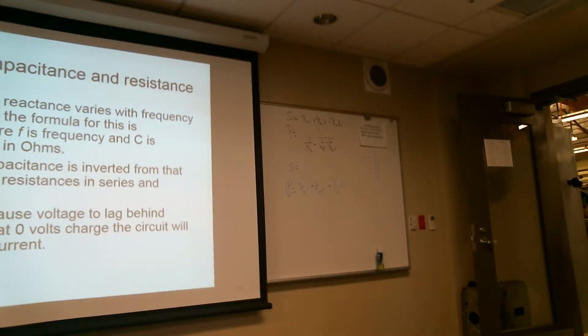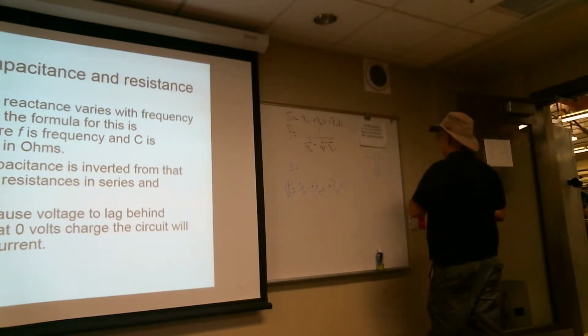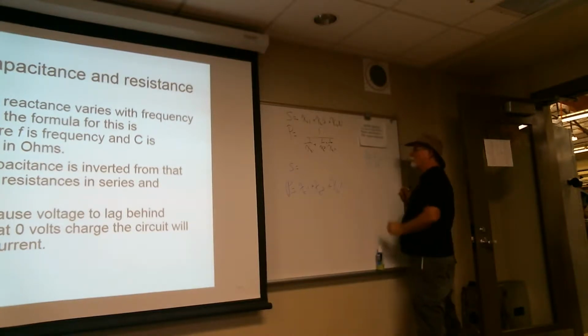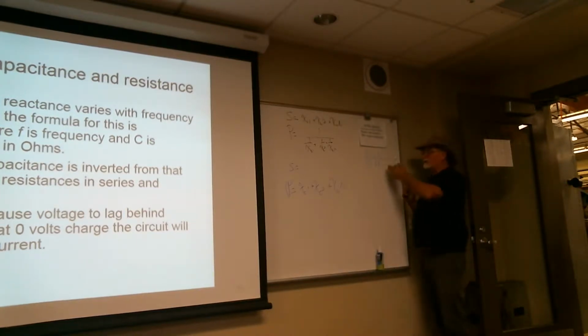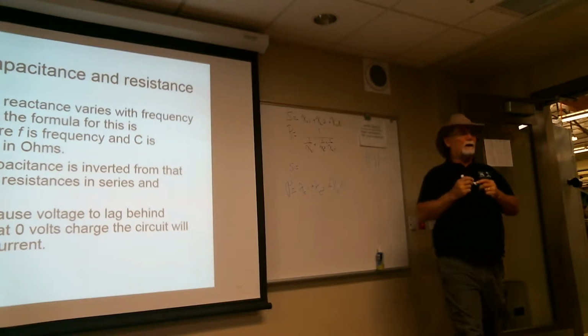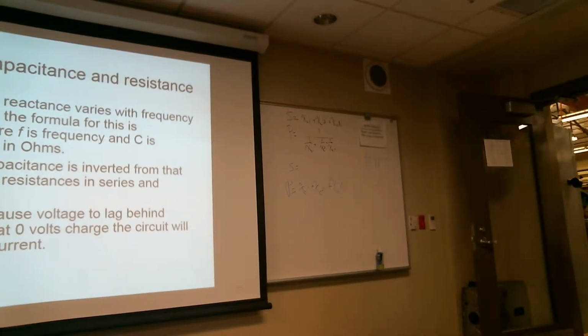Whereas when I put them together in series, I can just put another capacitor right there. What I'm really doing is increasing the dielectric. Okay? So what's going to happen is my total impedance to DC is going to go up, but to AC, the more dielectric I've got, the more it likes the higher frequency.